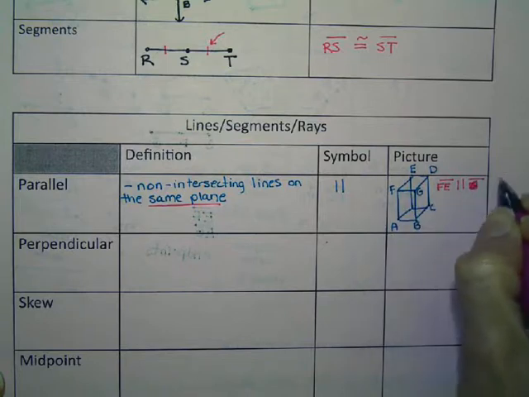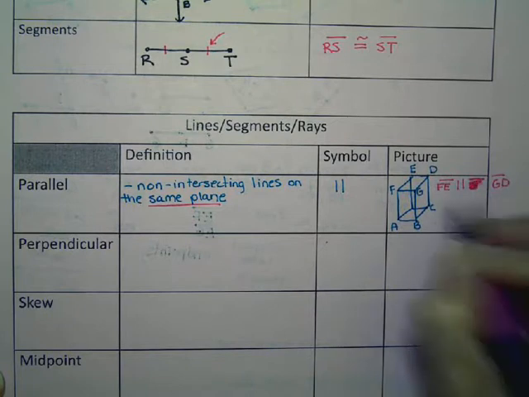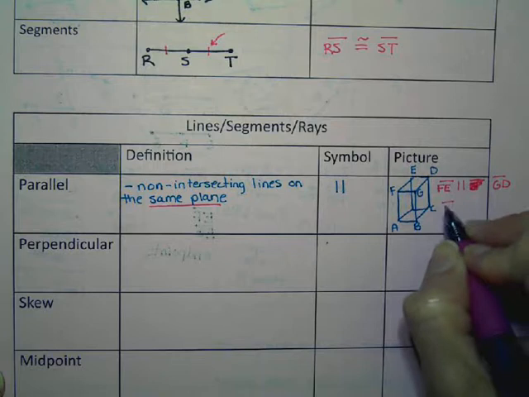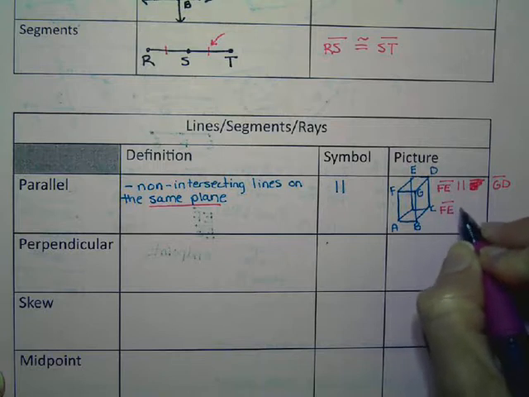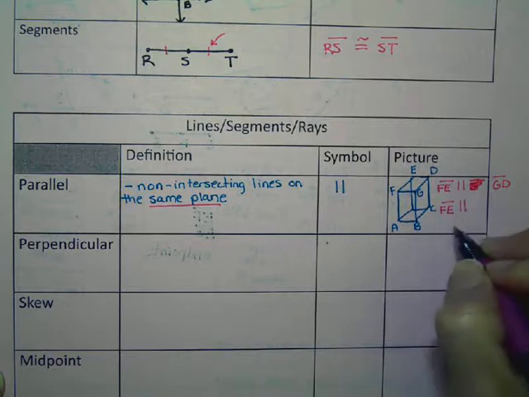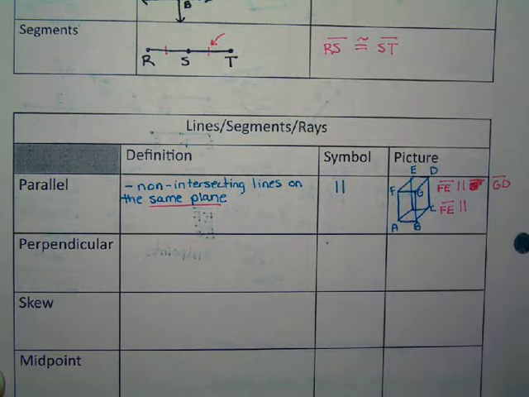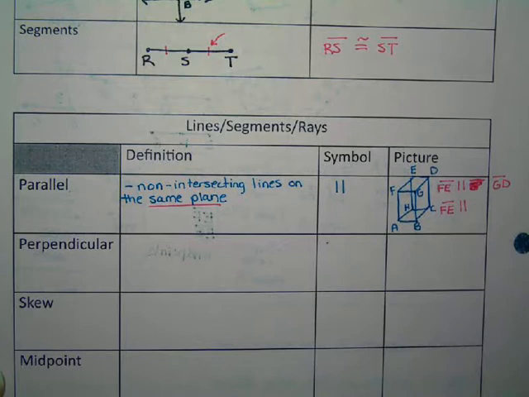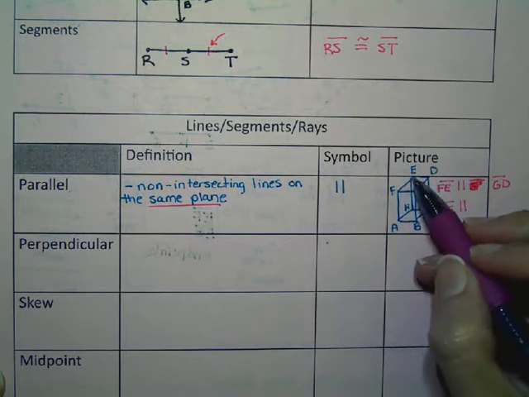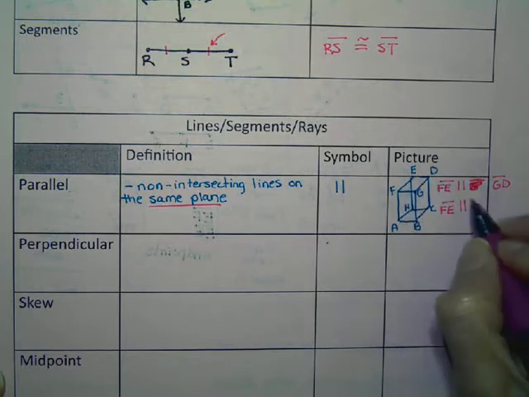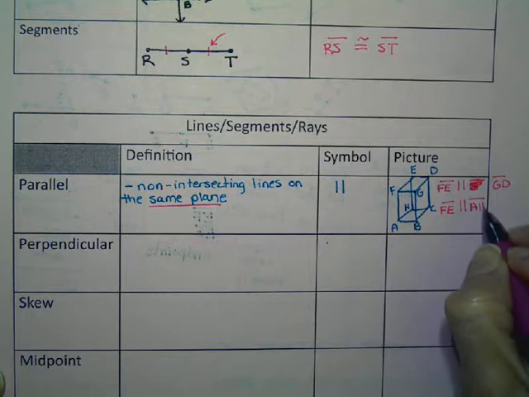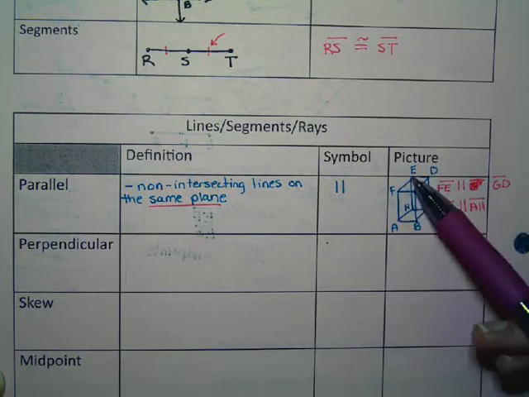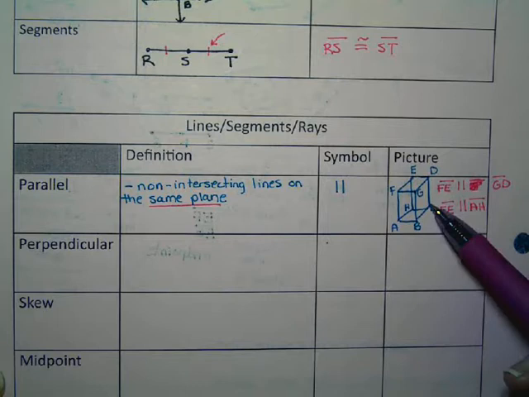Or you could say segment FE is parallel to segment, oh, I missed a letter down there. I have to put an H in that corner. So FE could also be parallel to AH. And technically, FE could be parallel to BC. It would just be a diagonal plane that we don't have drawn in this picture.